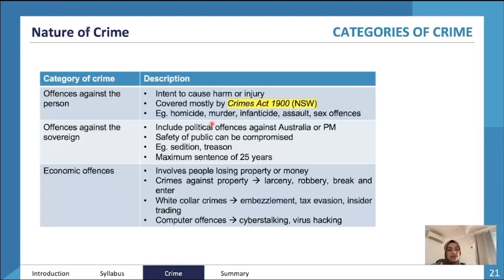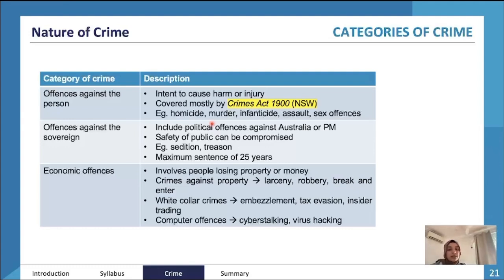Economic offences involve people losing money or property. Crimes against property could be things like larceny, robbery, break and enter, obvious examples of crimes against property.